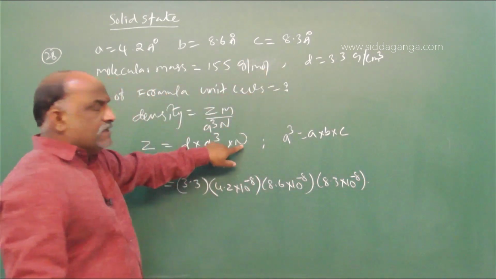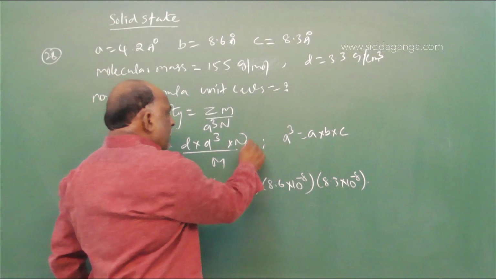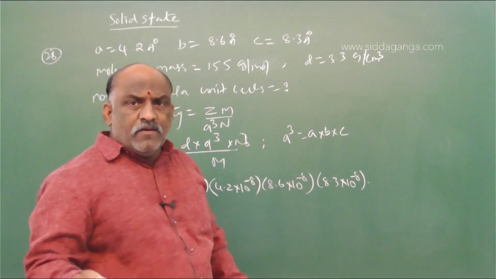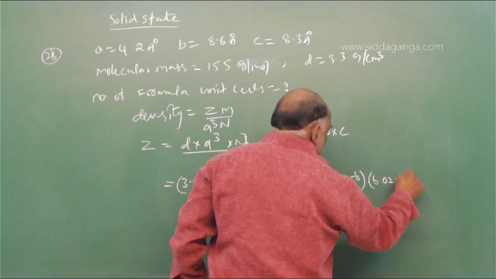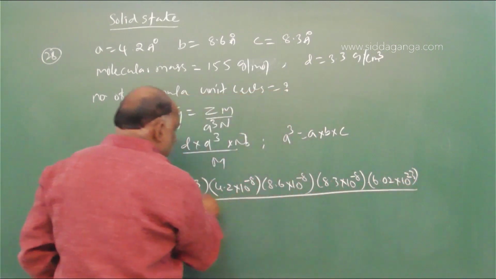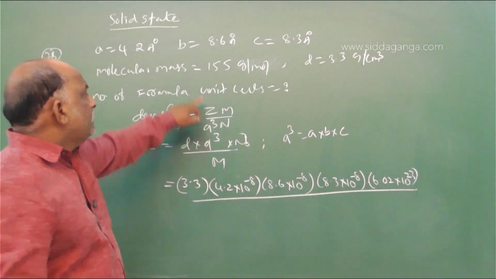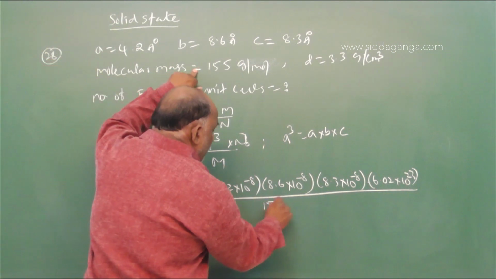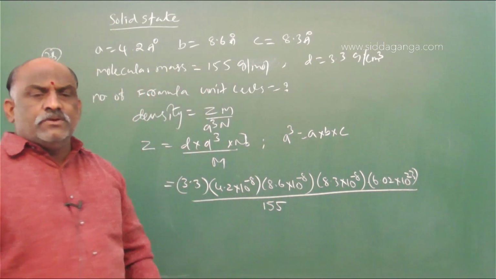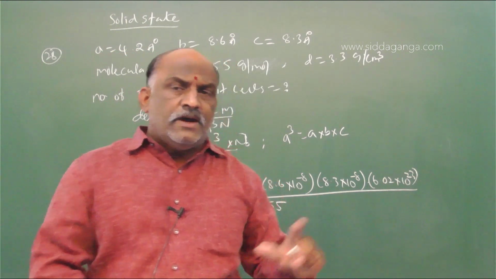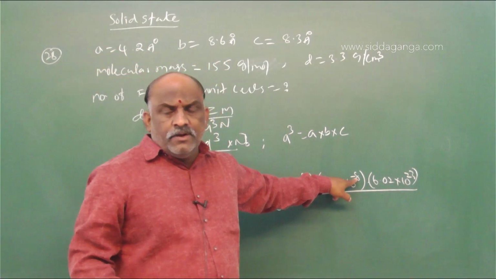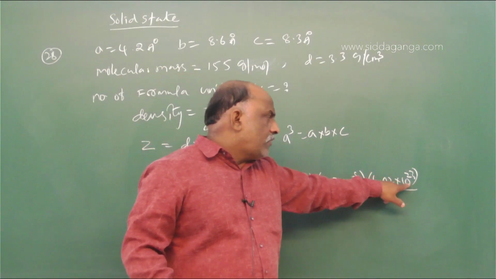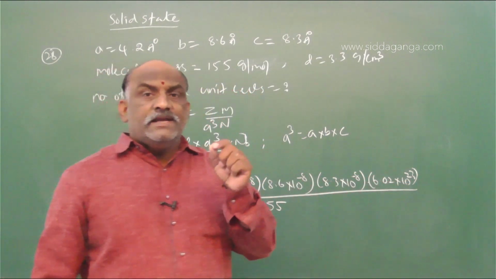Next is n. N naught is nothing but the Avogadro number. Avogadro number value you know is 6.02 into 10 power 23, whole divided by m. M is equal to 155. On simplification of this, 8, 8, 8, 24; 10 power minus 24, 10 power 23 means 10 power minus 1.